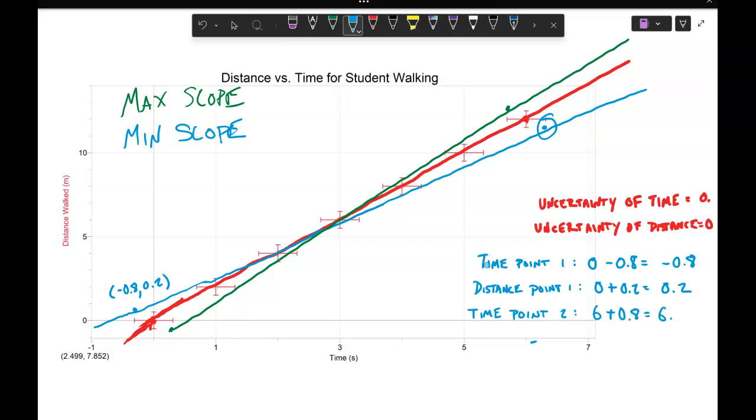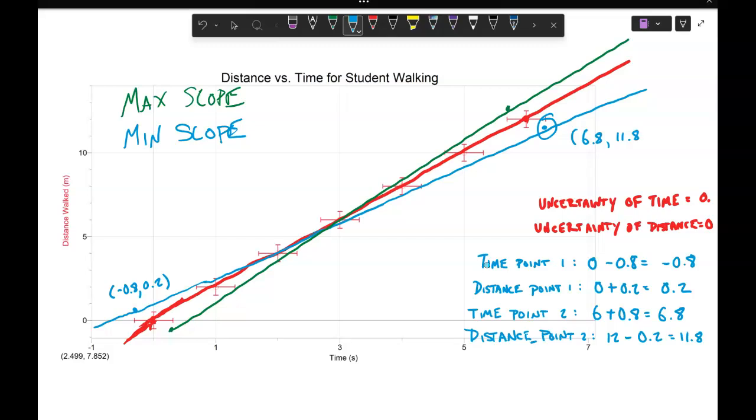Gives me a value of 6.8 for my x-coordinate. Distance, 0.2. This is going to be 12 is my distance value, minus my uncertainty 0.2 to give me 11.8. So now I have my coordinates for this point here. So I have 6.8, comma 11.8.